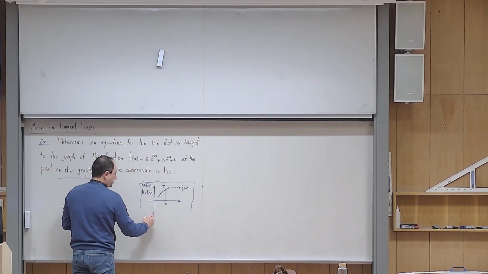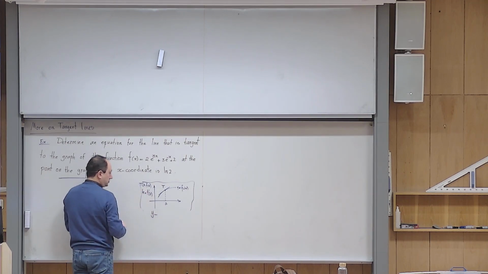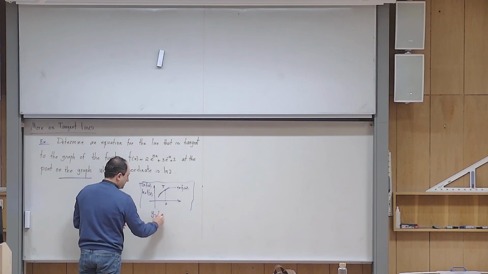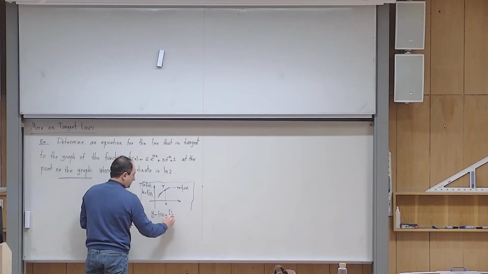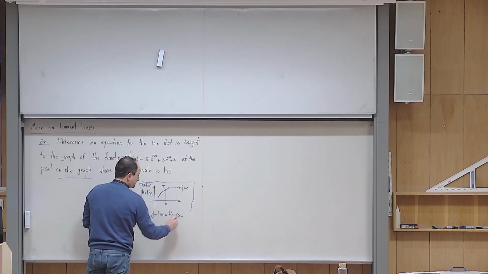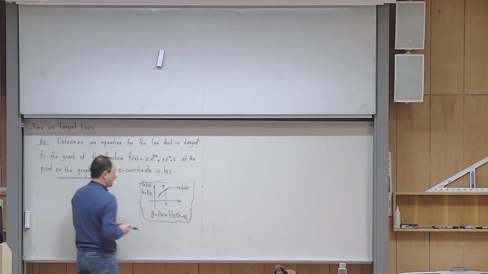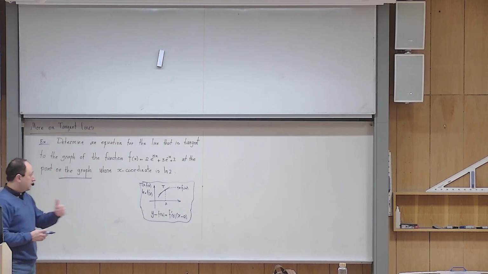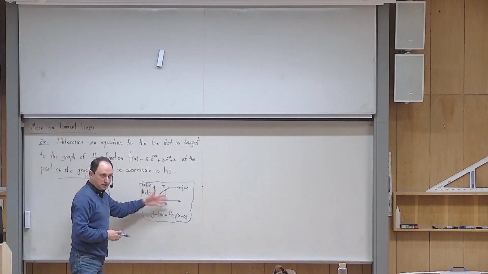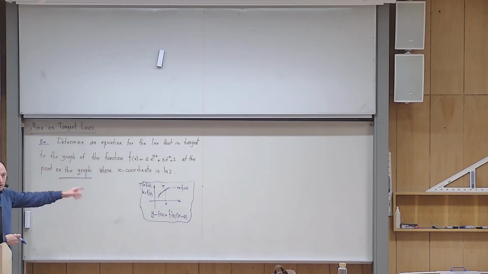It was y minus y node, y node is the y coordinate, which is f of a, is equal to the k value, which is f prime of a, times x minus x node, which is a. So that was the idea we had so far. That's a very simple and very important part of this lesson in this chapter. So any questions regarding that?